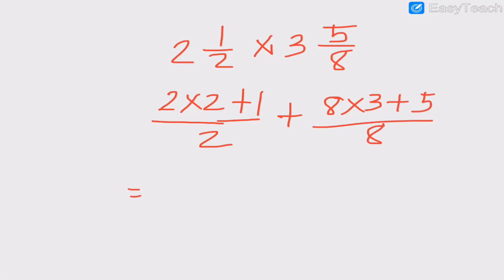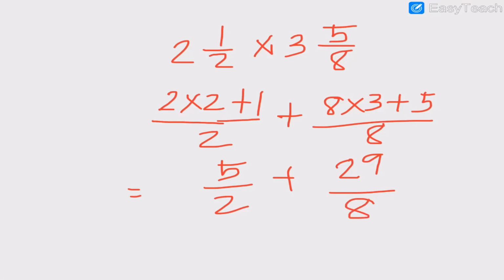This equals 2 times 2 is 4 plus 1 is 5 over 2, and 8 times 3 is 24 plus 5, 29 over 8. Then the operation is not addition. Okay, I made a mistake. That should be multiplication.